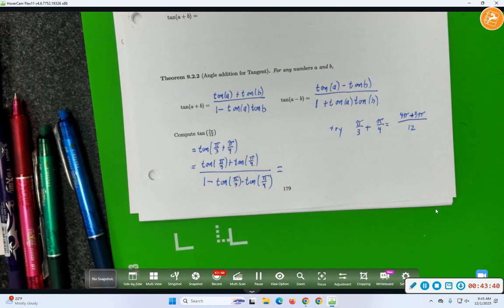Are those all numbers that we know? Yeah, depending on how well you've internalized unit circle values. What's the tangent of pi over 3?